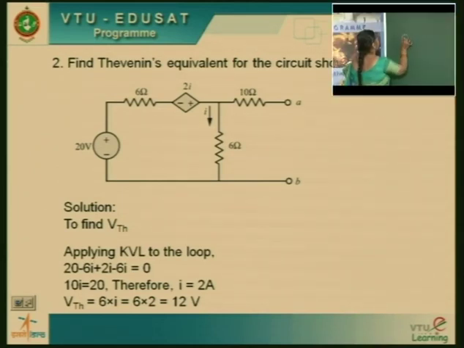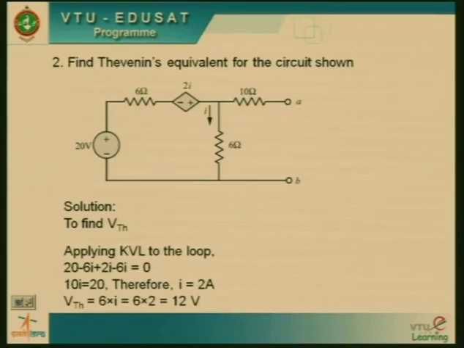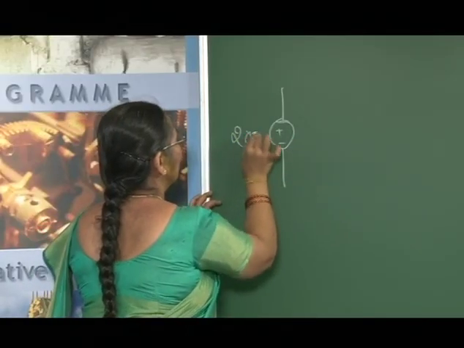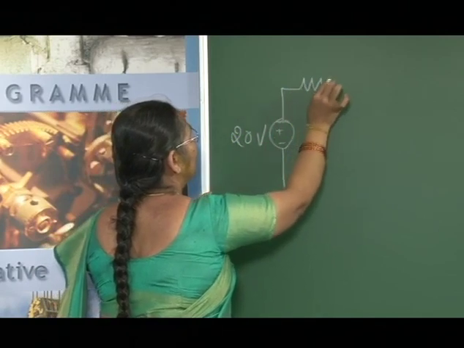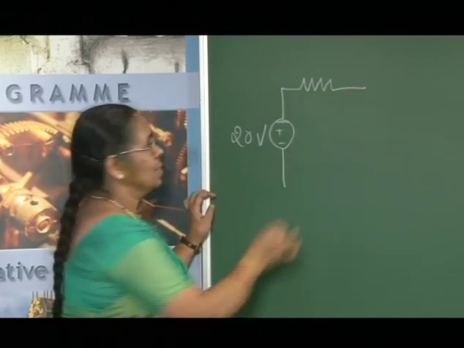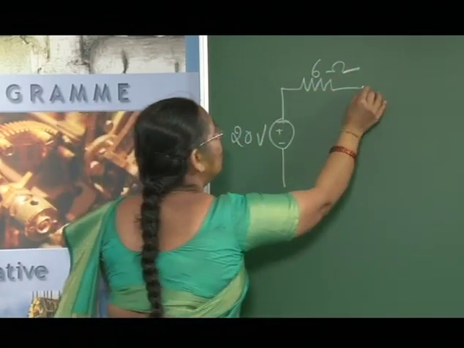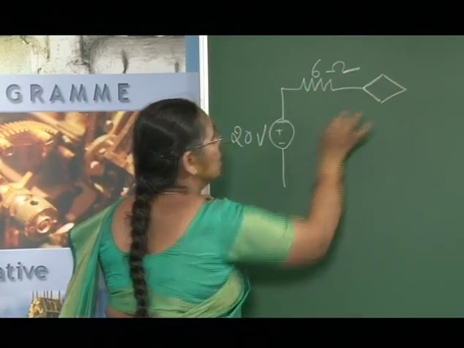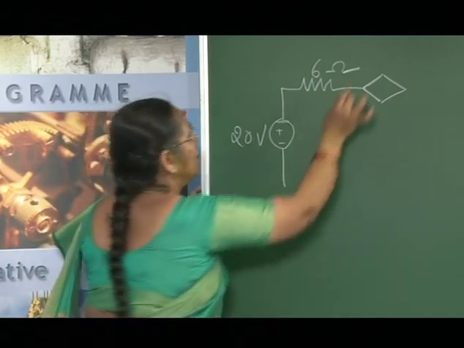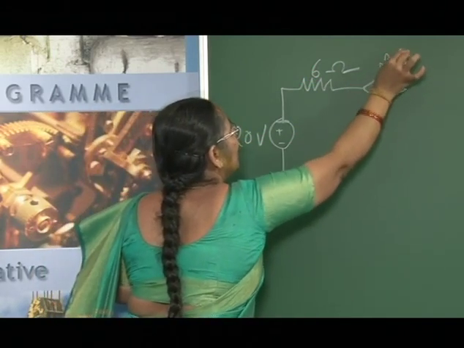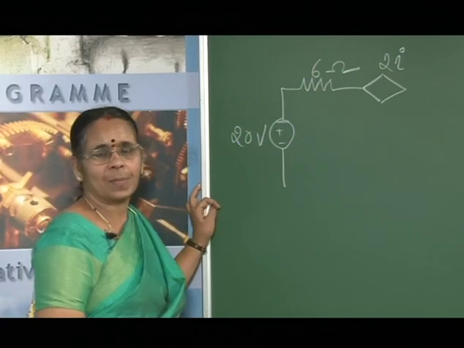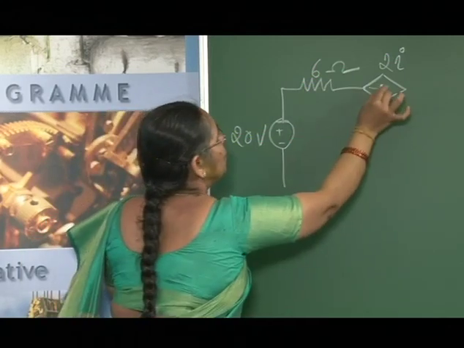It is the same circuit, plus or minus, with a 20 volt source and a resistance of 6 ohms connected, and a dependent source, which is a current controlled voltage source, represented as 2I.